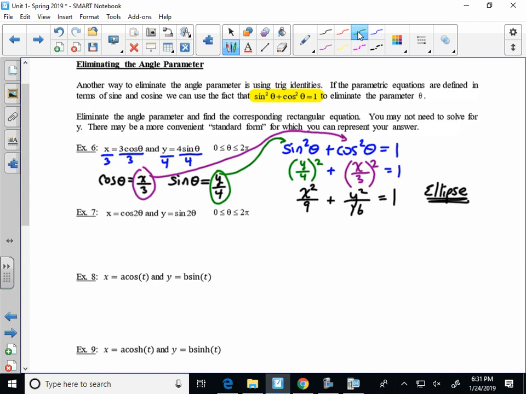I write sine squared theta plus cosine squared theta equals 1 because that's what people tend to recognize, that's unit circle related. But it's really sine squared of anything plus cosine squared of anything is equal to 1. All right, and the anything in this case would be the 2 theta. I'm about to write cosine again for some reason.